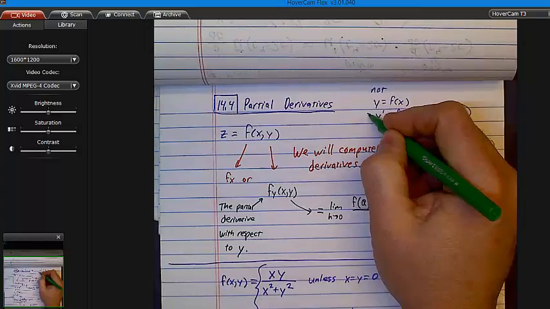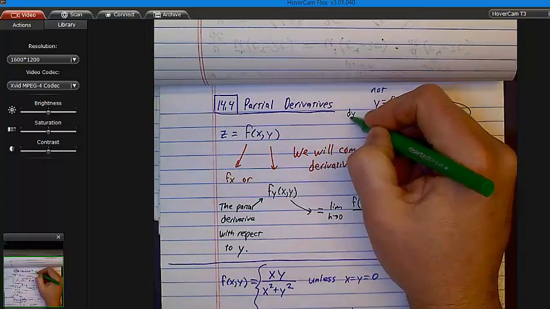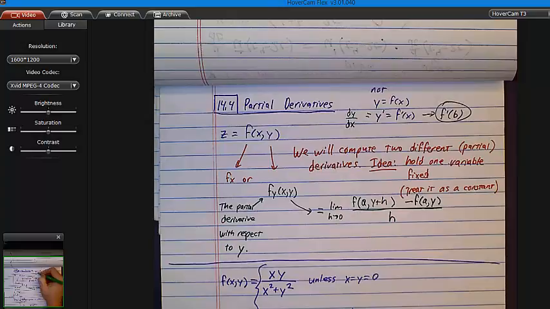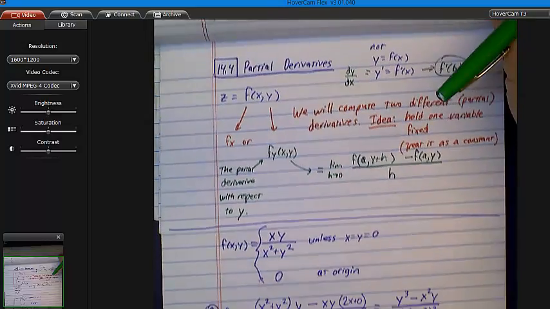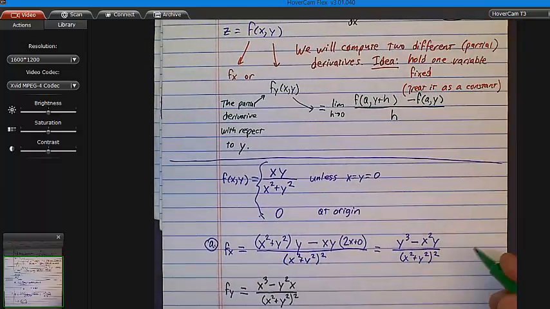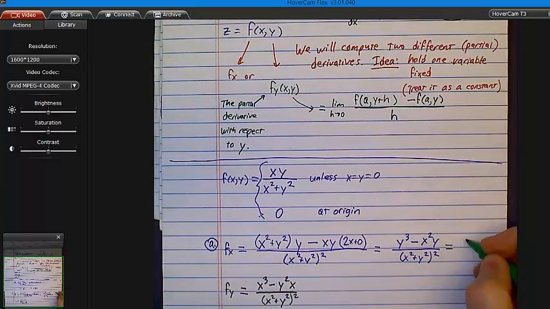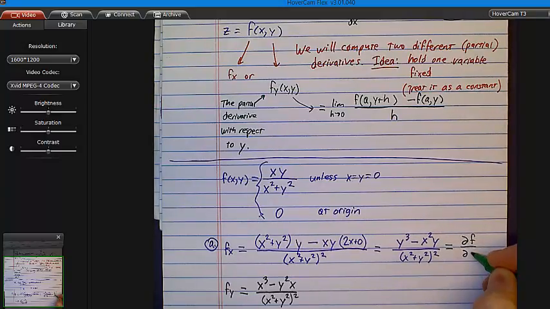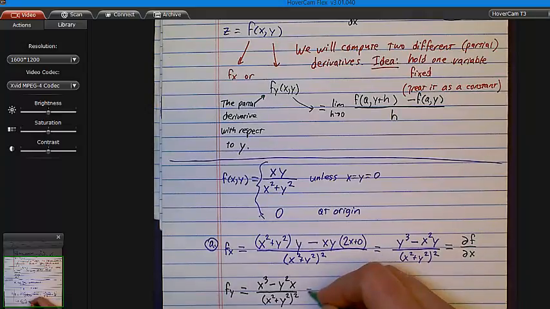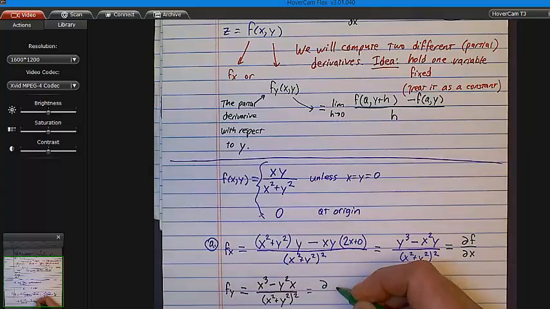We could write, instead of y prime, dy dx, right? But when you do a partial derivative, another way to write this is curly d, or delta, really, but it's more of a curly d. Curly d f, curly d x, okay? The curly d tells you this is a partial derivative as opposed to something else.